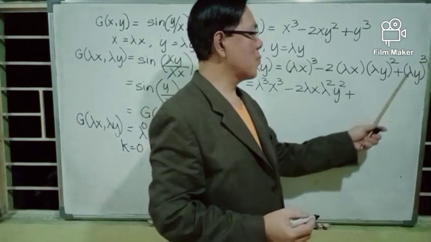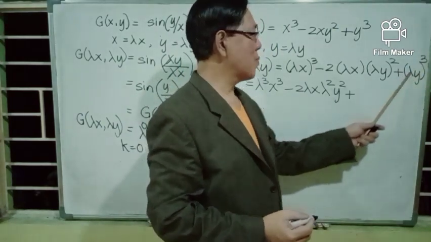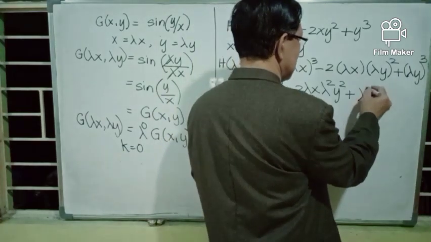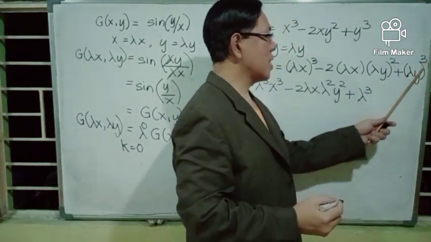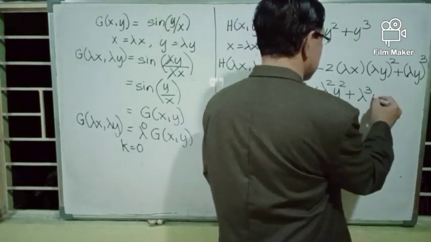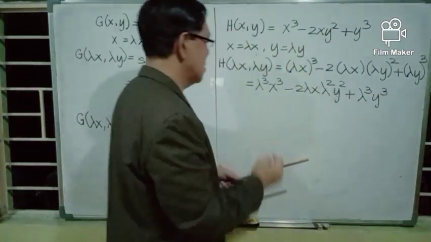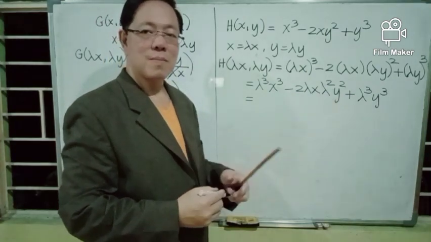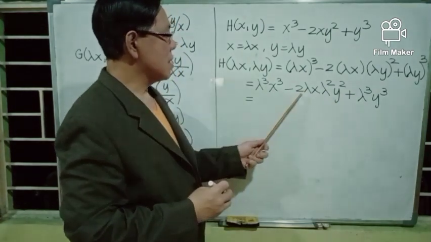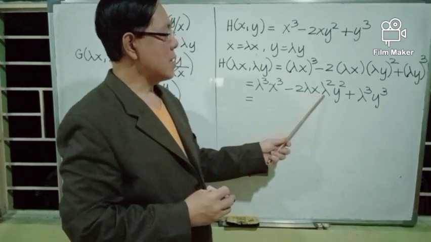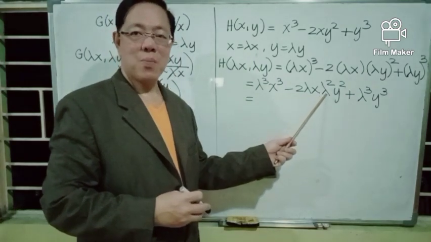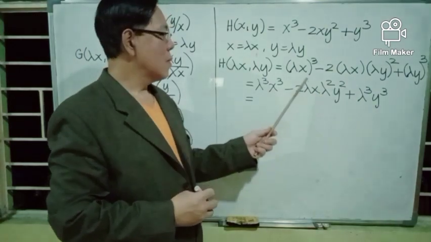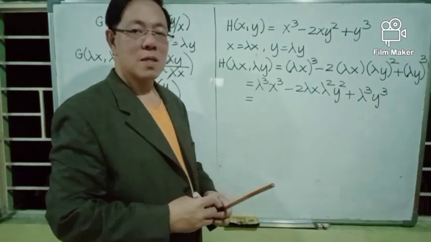And the cube of lambda y equals the cube of lambda multiplied by the cube of y. We simplify the second term by multiplying lambda by lambda squared and applying the property of exponents. The common base is lambda and we add the exponents. 1 plus 2 is 3.